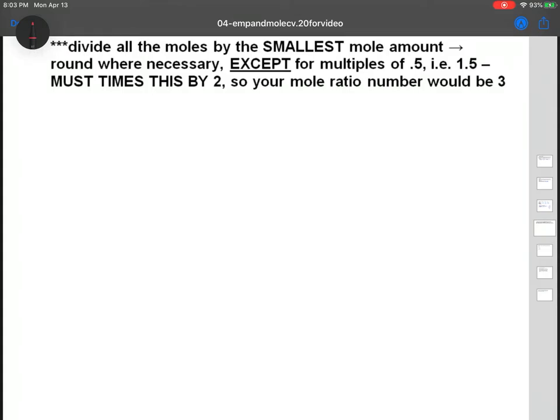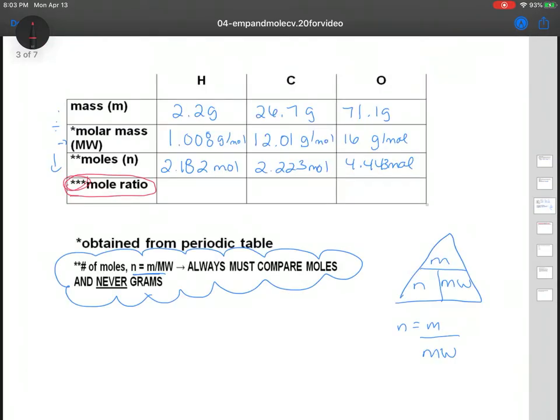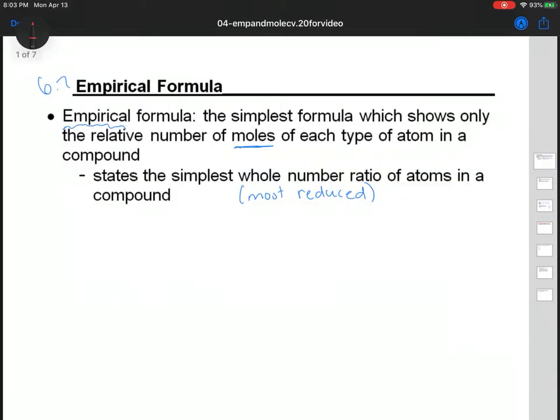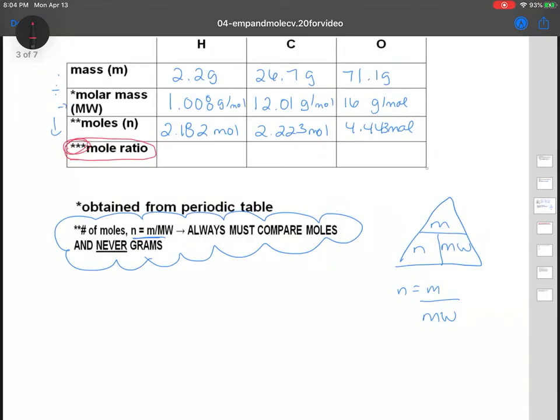So this last line here, this mole ratio line, that is the new thing essentially for this unit or this section. And all we're going to do is divide the moles by the smallest mole amount. Okay? So you can see these three asterisks here, they go with this. So why the smallest? Because when you do empirical formula, it is the most reduced or the simplest.